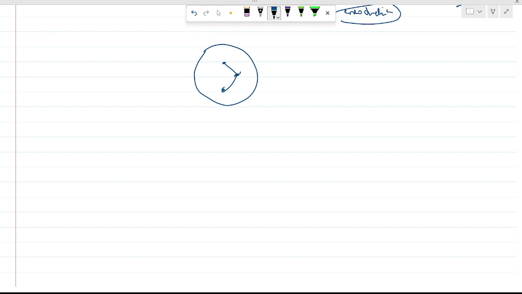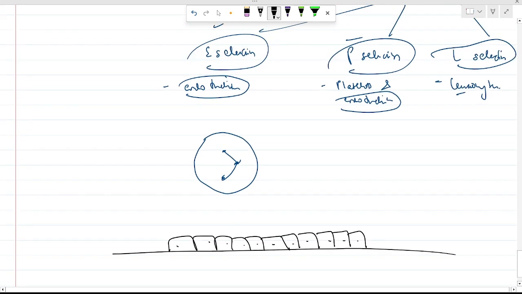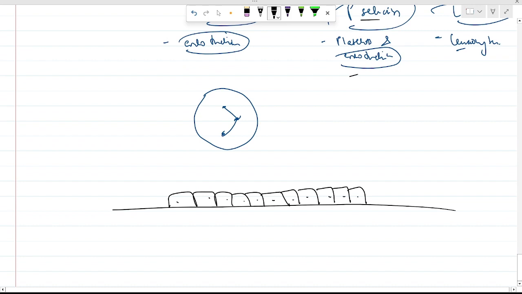And here is our endothelium, with endothelial cells. E-selectin and P-selectin, as I've said, are on the endothelium, so these are on the endothelium.